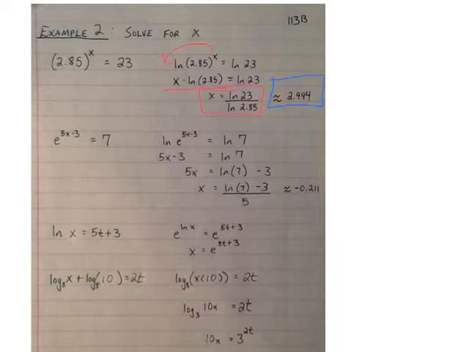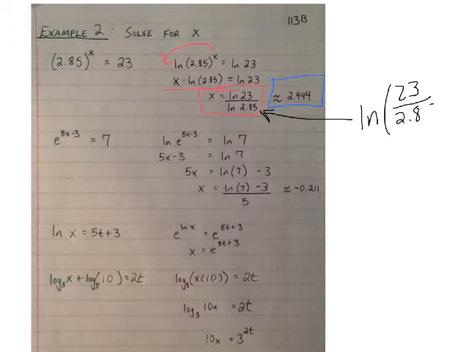I would like to point out that a really common mistake that students make is they will write this as ln of 23 over 2.85, and that is not correct, so do not do that. You have to take the ln of the top and the ln of the bottom.